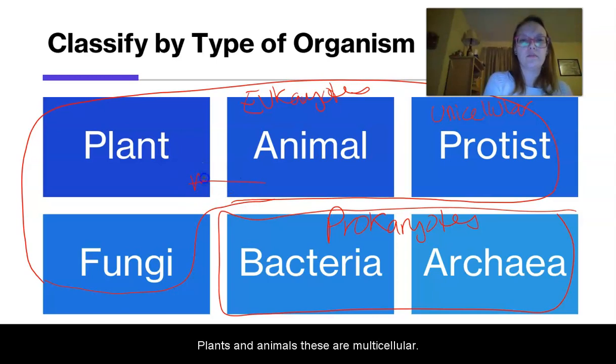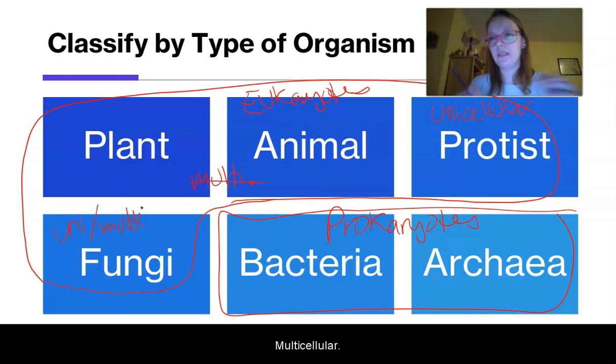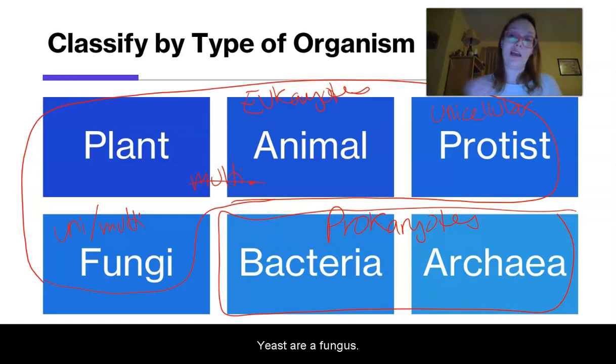Plants and animals are multicellular. And fungi can be uni or multicellular. It depends. Fungi could be mushrooms, right? Or you can have ones like yeast. Yeast are actually a fungus, but they're unicellular.